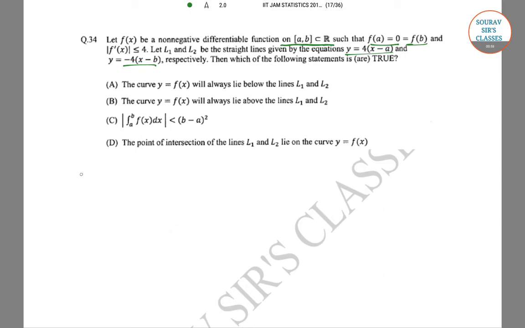Firstly, what are the intersection points?